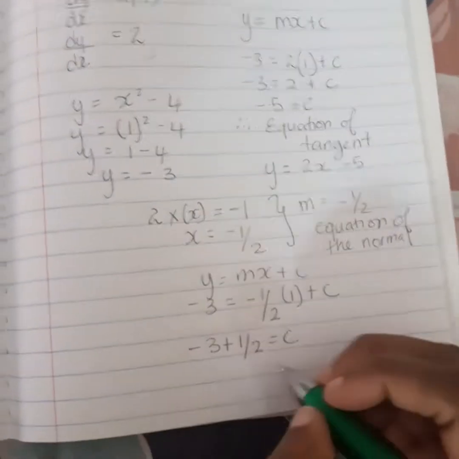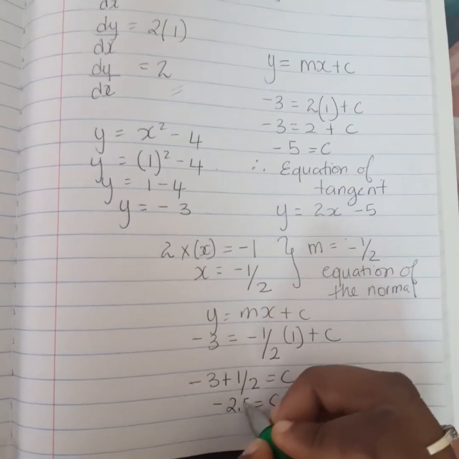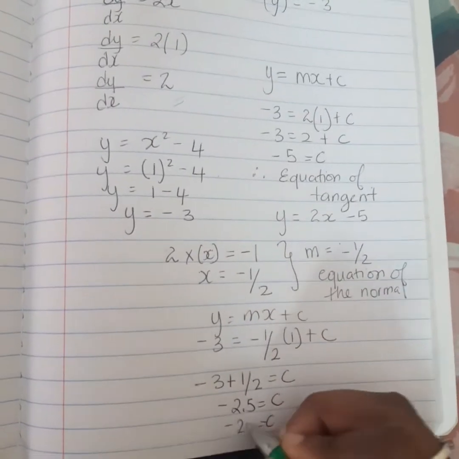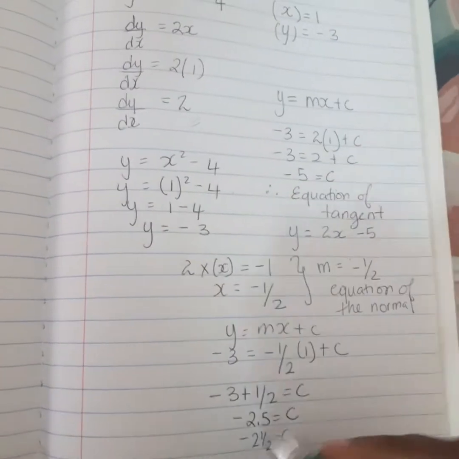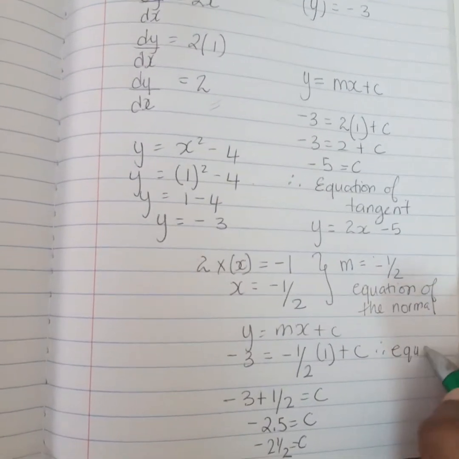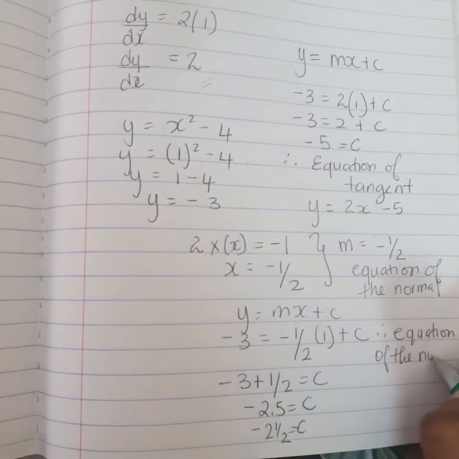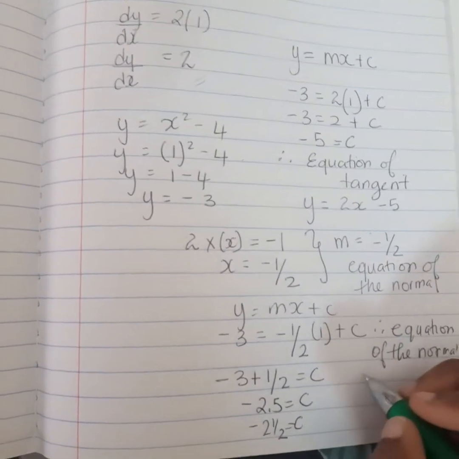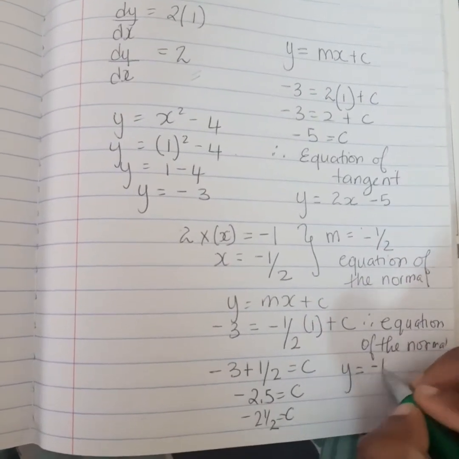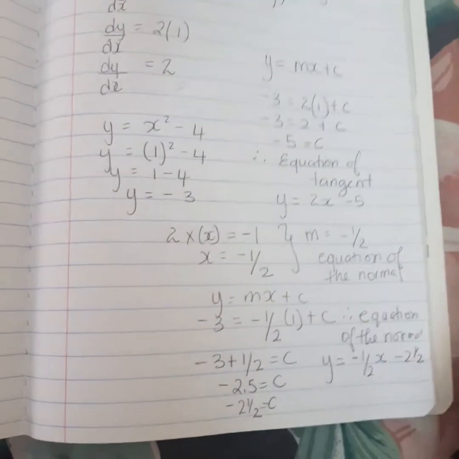So that means c is therefore minus 2.5. Let's keep it in fractions. So therefore the equation of the normal is y is equal to our gradient, minus a half x minus 2.5.